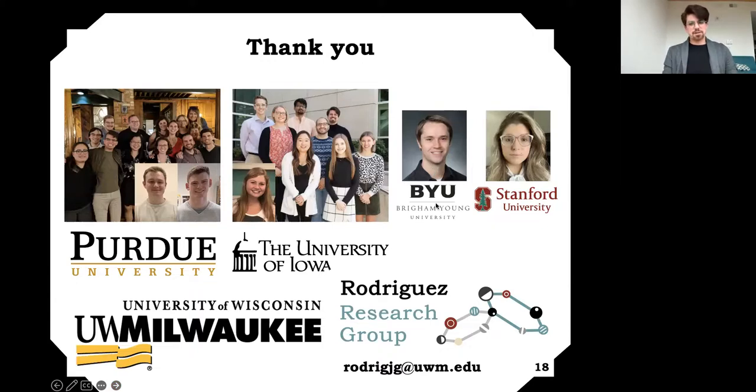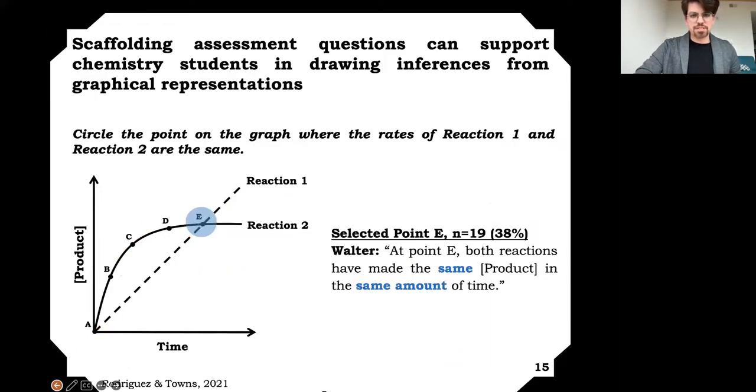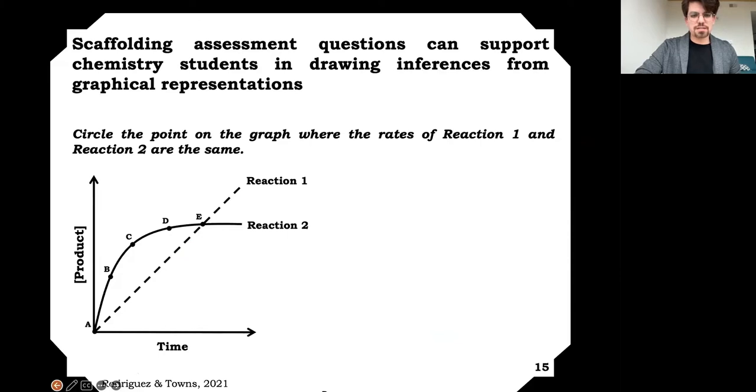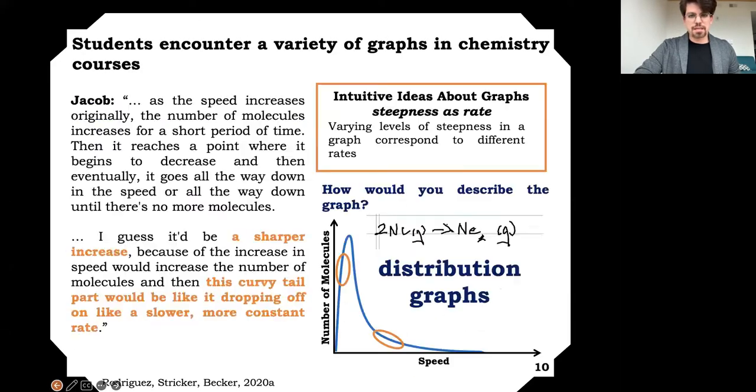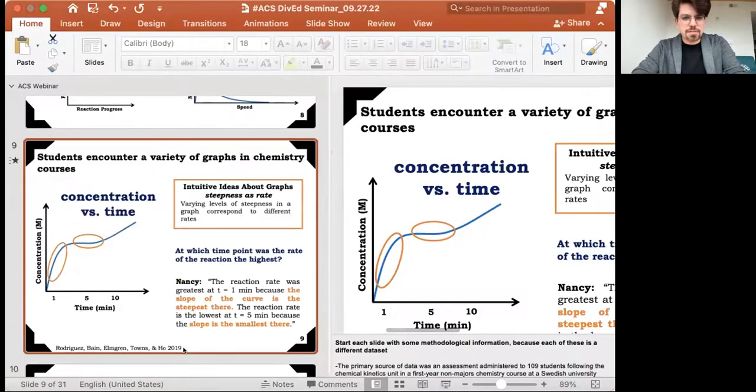One of the things that we're interested in is characterizing all the different types of ideas that students associate with different graphical patterns. And it is very context dependent, in the sense that it depends on the specific shapes. So if you have something like, I'll go to the very beginning.